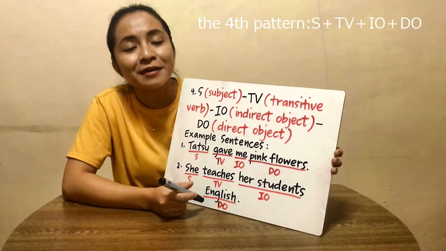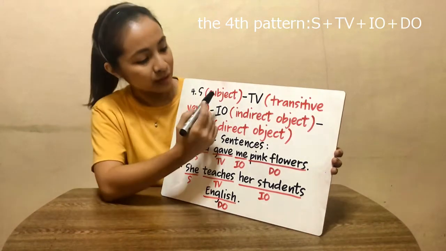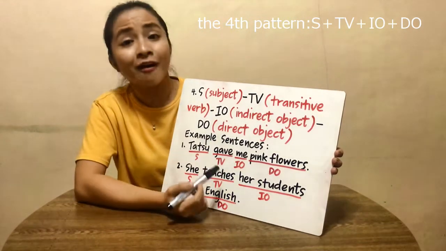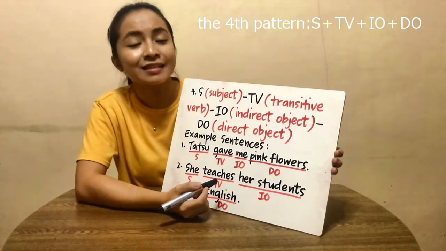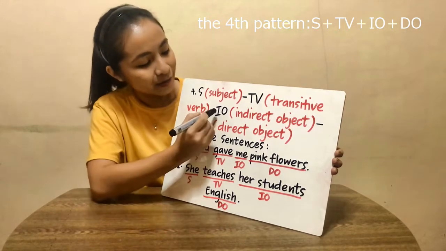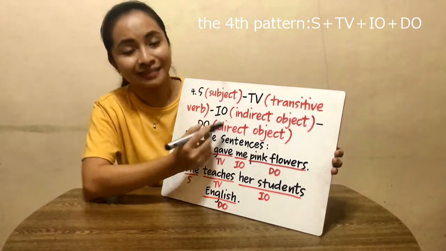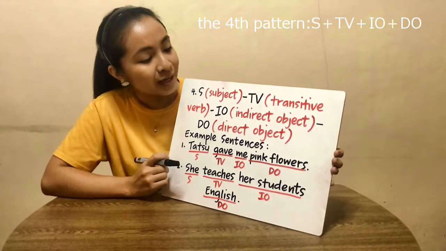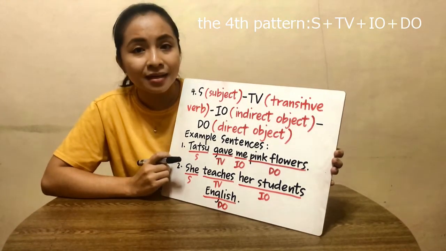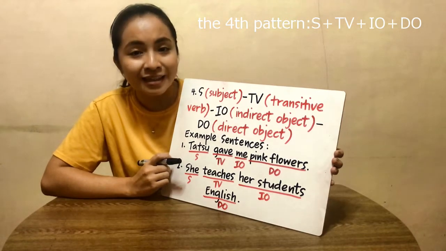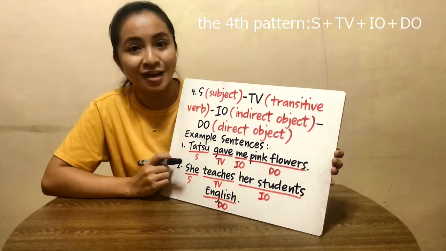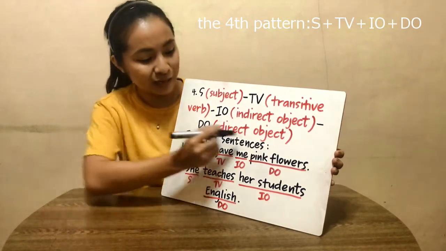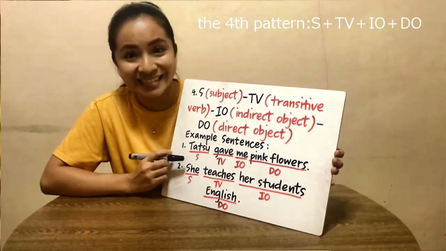You already have an idea what subject, transitive verb, and DO are, right? So this time, I'll talk about the IO. So what is an IO? IO, or indirect object, is someone or something that gets the direct object. So you will know later, as we go on to our sample sentences.